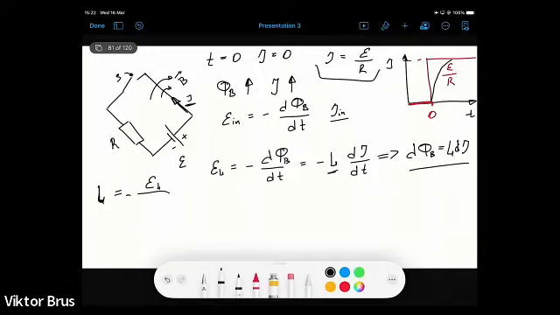Also, we need to keep this minus here, di over dt. So if now we compare this expression with the equation for electric resistance, we can write resistance is equal to potential difference divided by current.